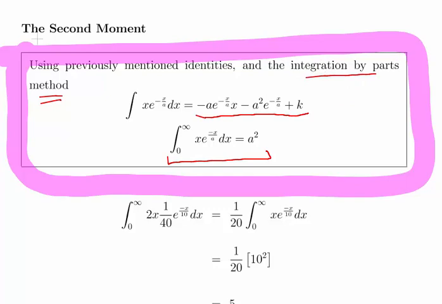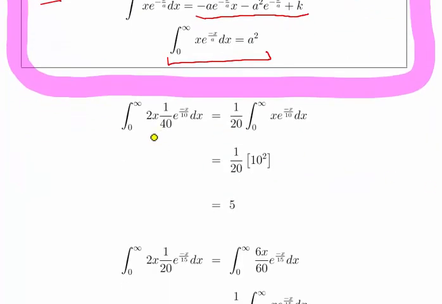Okay? Now I'm going to move on from that. So something I'm going to do very similar to the last time around is we have 2x. So we're going to calculate the expected value of x squared. Okay, and I'm going to split it up into two parts. So it's 2x times the survival function, which I've split up into two. 2 times x times 1 over 40 times e to the minus x over 10.